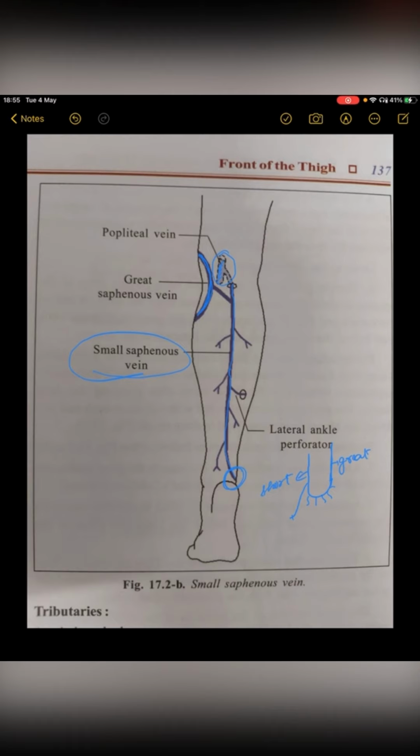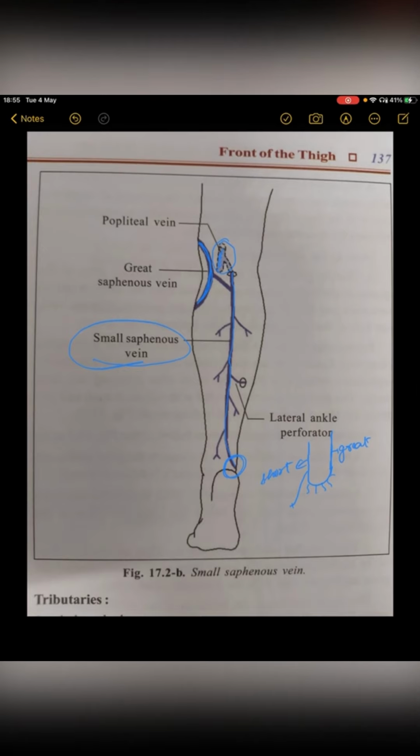One more thing which I should tell you, that the termination of this small saphenous vein is not constant. It ends mostly in the popliteal vein, but there are some other terminations. What are those? It can join with the great saphenous vein.